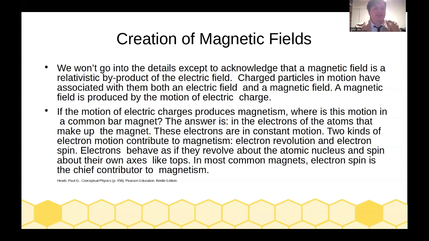Spin has units of angular momentum, but it is not the same as an object that is literally spinning around in a circle. Electron spin is the chief contributor to magnetism.